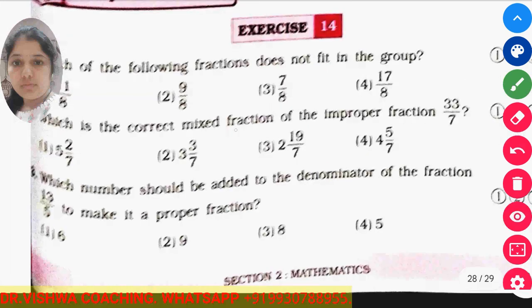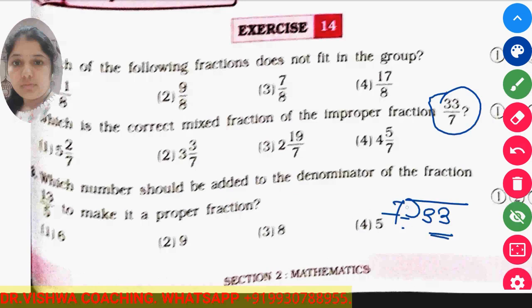Now here we have to find the correct mixed fraction of the improper fraction. 33/7 is the given fraction. To convert this improper fraction into a mixed fraction, we divide 33 by 7. 7 4s are 28, 5 is the remainder.